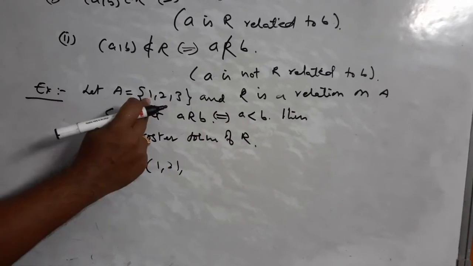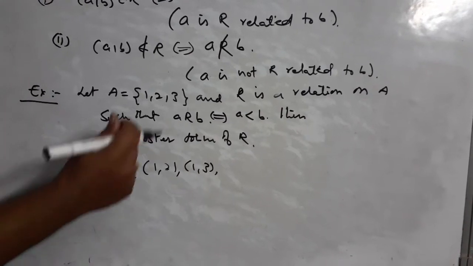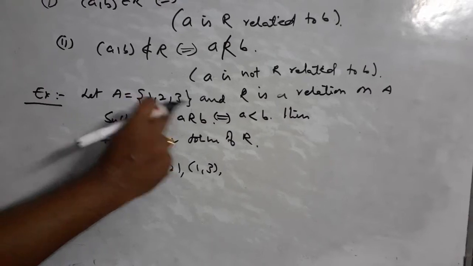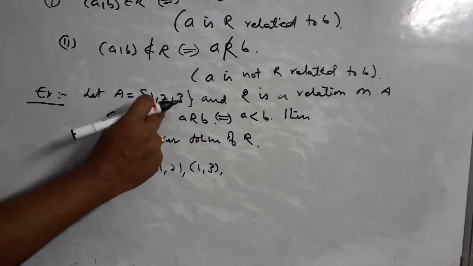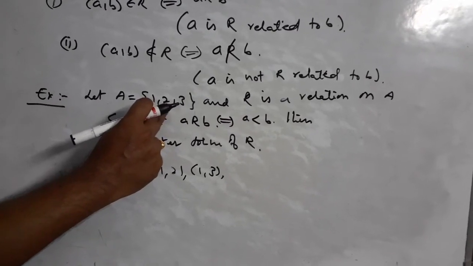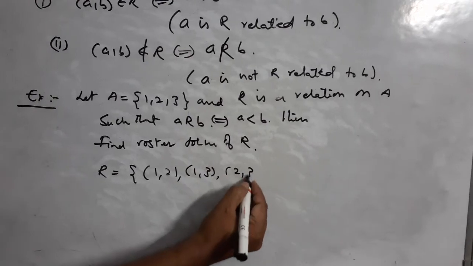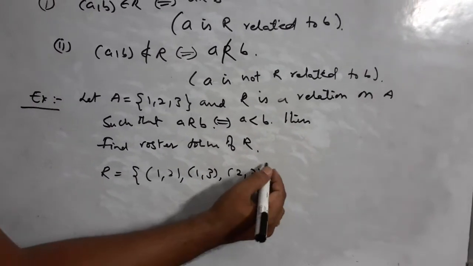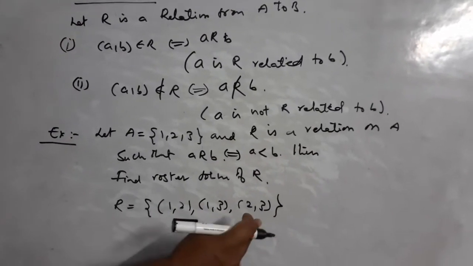Next, 1 less than 3 is also true, (1, 3). Next, (2, 1) is false, as 2 is not less than 1. Next, (2, 2), 2 is not less than 2. Next (2, 3): 2 is less than 3, so it will be there. So R is {(1, 2), (1, 3), (2, 3)}.